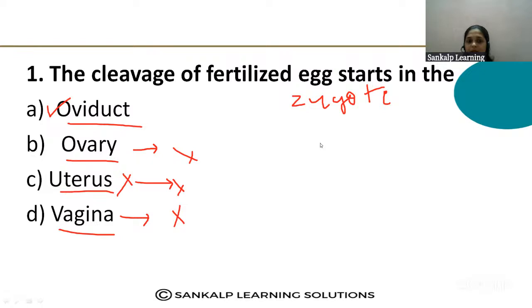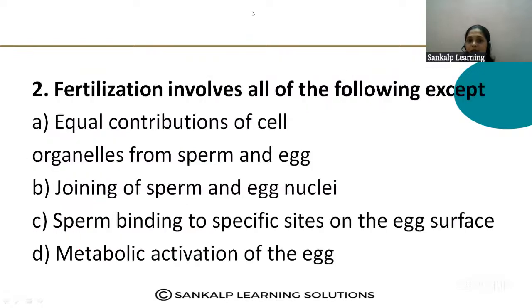Second question. Fertilization involves all of the following except. Option A, equal contributions of cell organelles from sperm and egg. Option B, joining of the sperm and egg nuclei.